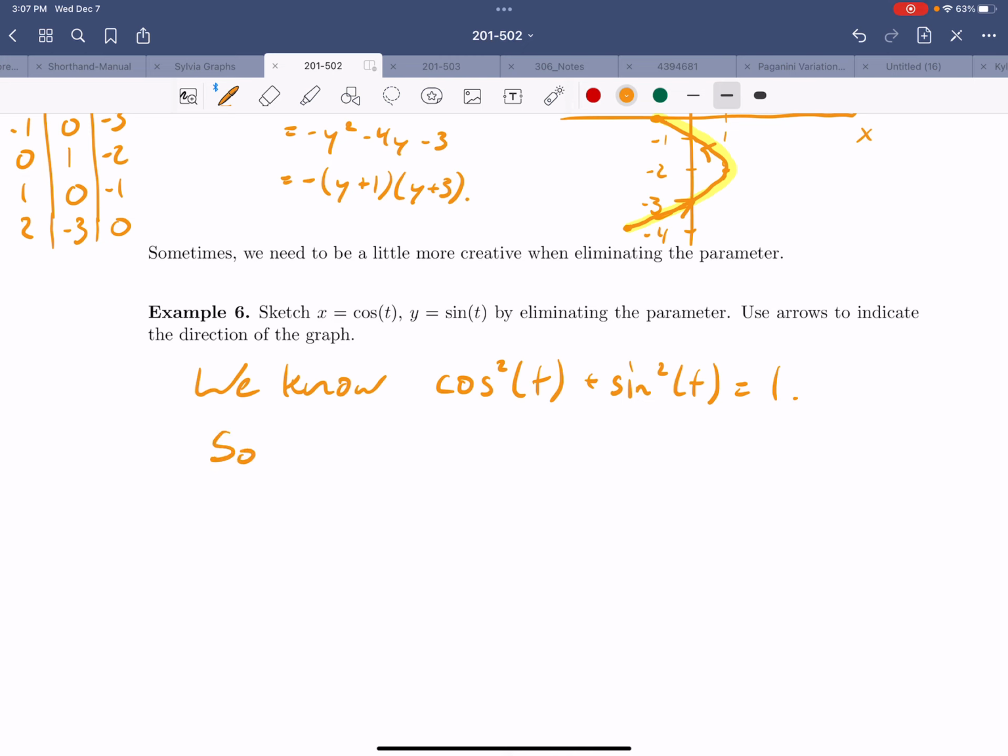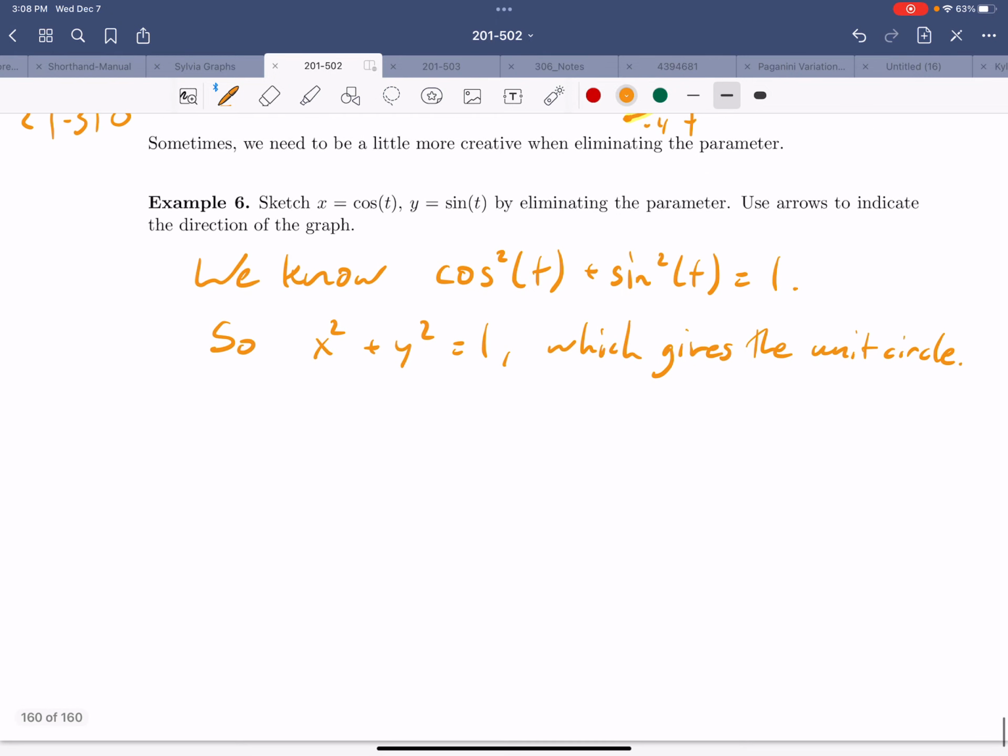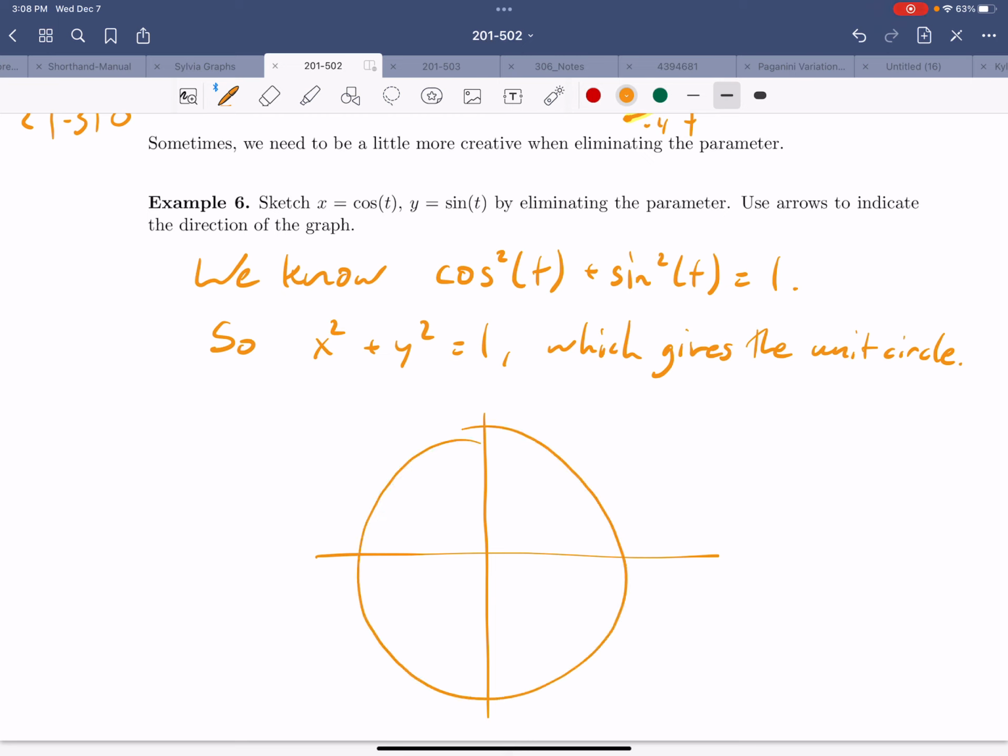So x squared plus y squared equals 1, which we know is the unit circle. And again, that's our unit circle. And as before, it starts here and goes this way.